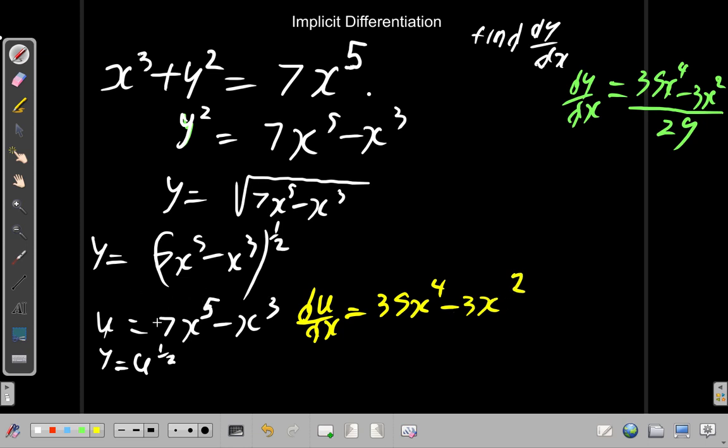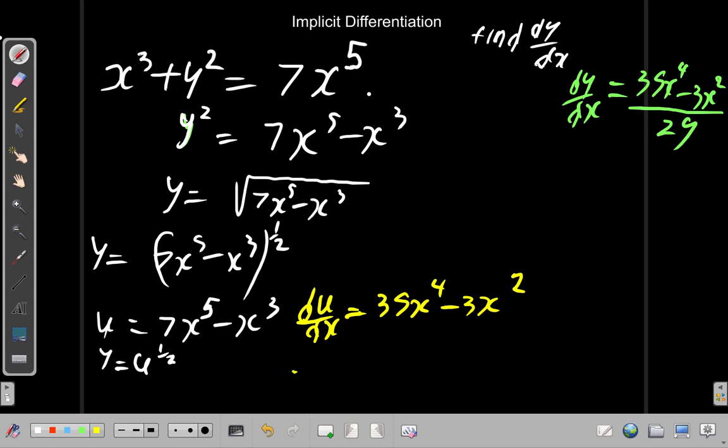Multiply by 5, 5 7 35, x to the 5 minus 1 gives you 4, minus 3 times x squared, 3 minus 1, 2. Alright? So that's du by dx. So this 7x to the 5 minus x cubed, when you differentiate it, you get 35x to the fourth minus 3x squared. What about the y equal u to the half?